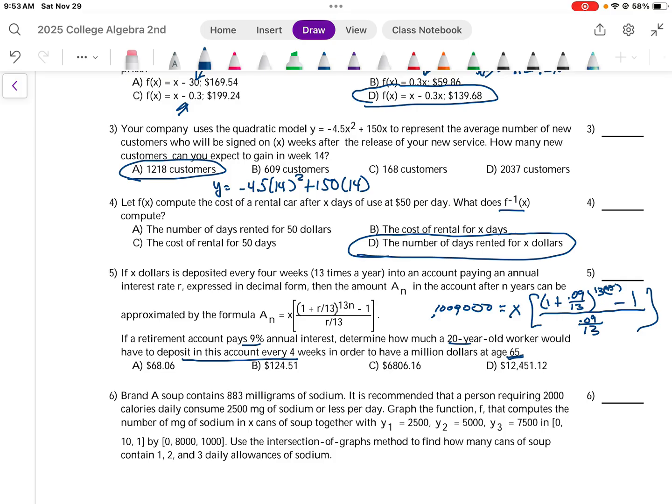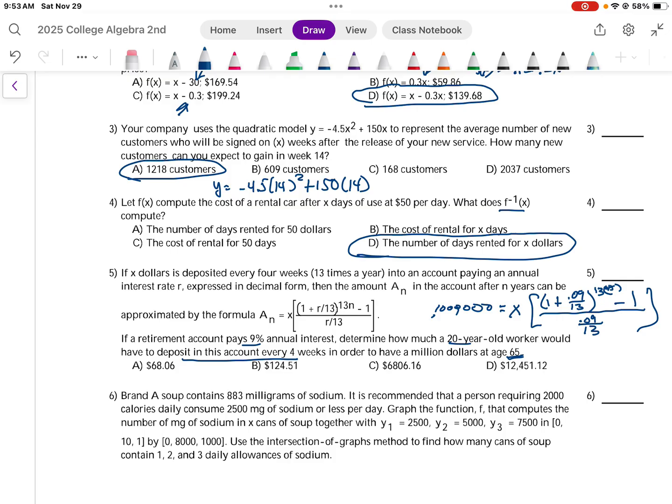So I'm going to do that on a side calculator here real quickly. Bear with me. 0.09 divided by 13. Add the 1 in front. Now raise that to the 13 times 45 power. All right, and then I got to subtract 1 from that. And then now that's being divided by the thing on the bottom, 0.09 divided by 13.